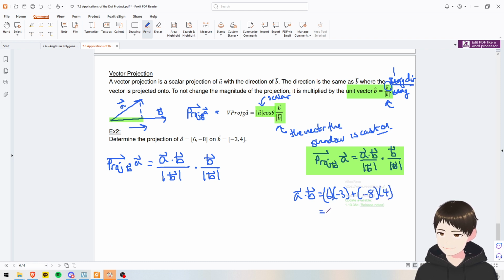I hope you remember this from previous class. That's a negative 18 plus a negative 32. This is a negative 50.